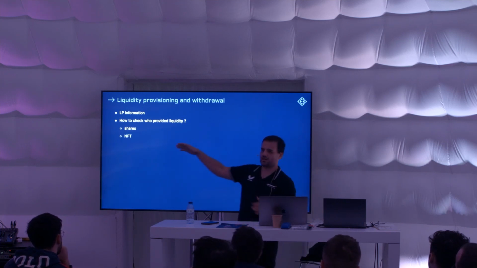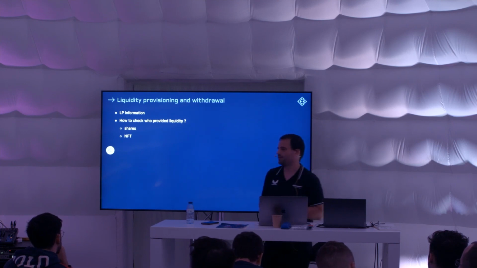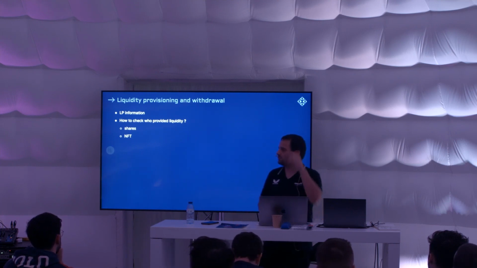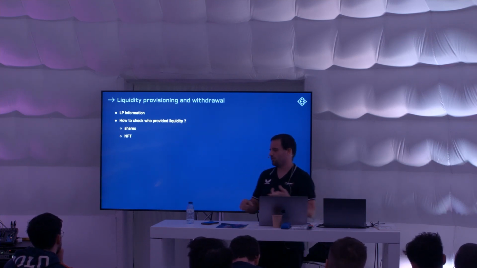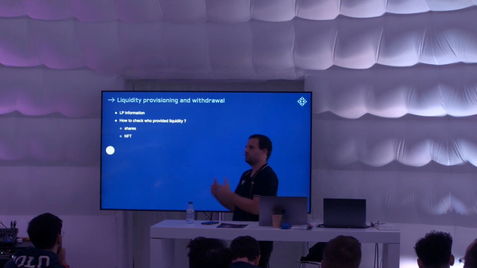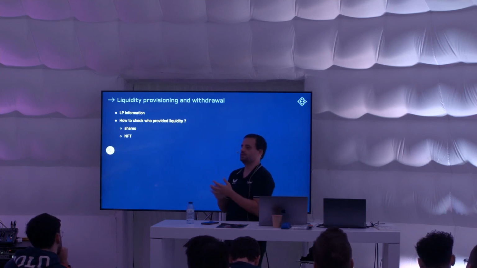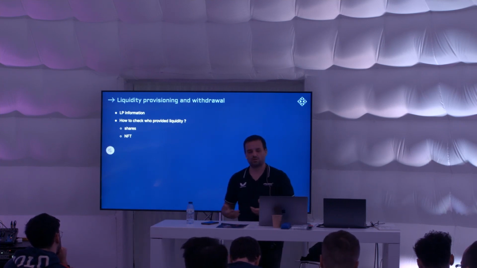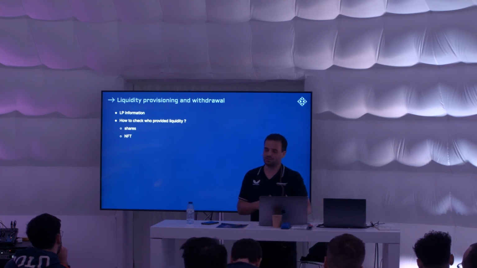Instead of giving shares to whoever's providing liquidity, you give them an NFT. So Omnipool uses this. You get an NFT when you provide liquidity to Omnipool, which then tells you who owns the shares, and there are some little details embedded inside the NFT which tell how many shares this position has. But we already decided we will use shares because that's easier.